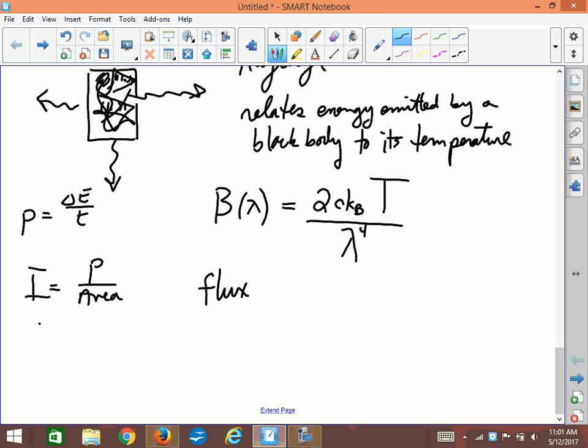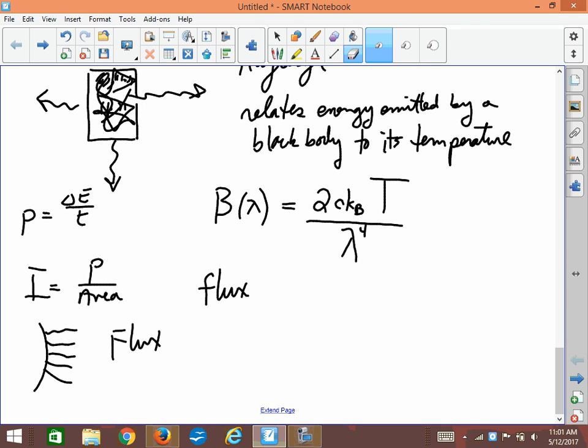So let's say you had this sphere and it was radiating energy outward, then the flux tells us the rate at which the energy is flowing out, so it's the energy over time, but also compared to the surface area. So really, we use this crazy word flux, and all it means is the rate of energy flow. Think of it like that. It expresses the intensity of the wave.